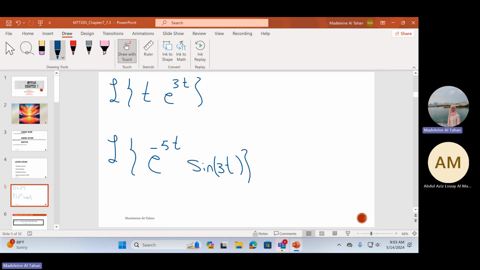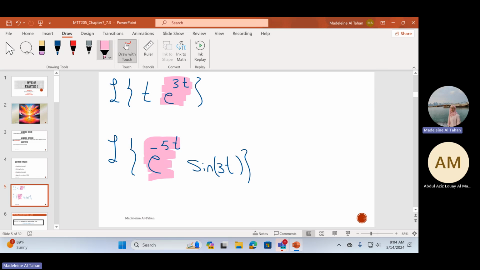What's the common between these two functions? Exponential. If we remove the exponential, do we know the Laplace? Let's say I don't have the pink part. Can I find Laplace of t, which is 1 over s squared? And the second one, Laplace of sine 3t, do we know it?